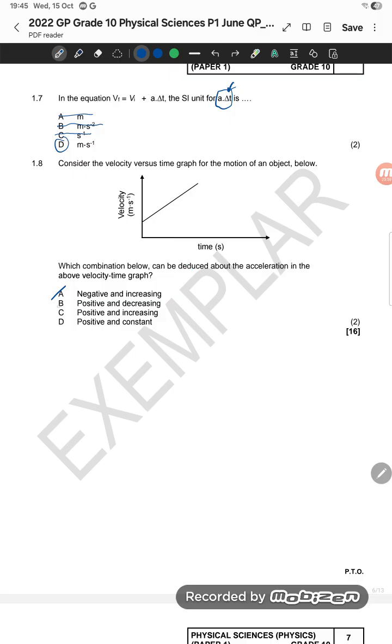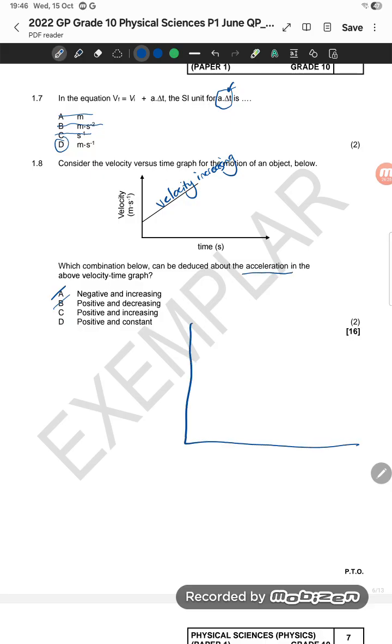Positive and decreasing. No way. Positive and increasing. Okay, this is interesting. Now, although the velocity is increasing, my acceleration is the same.